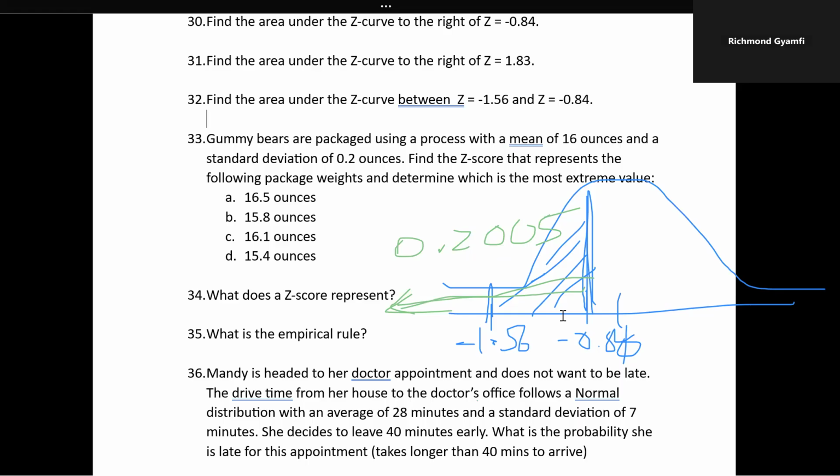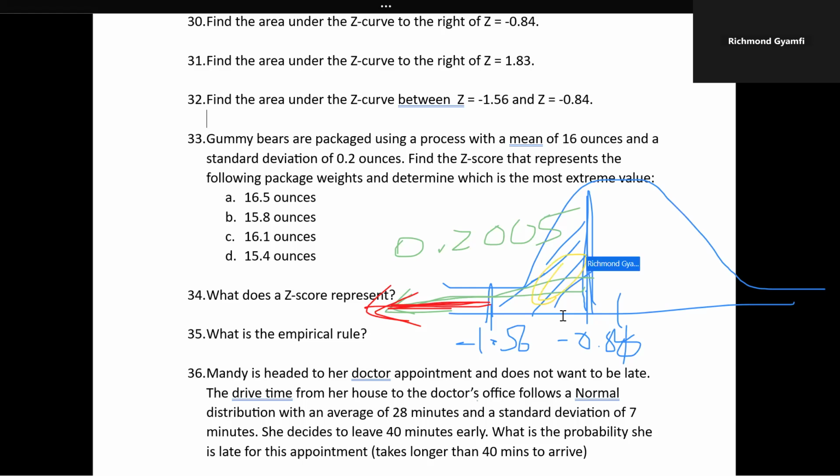And then I'm going to find the small area, and that is from negative 1.56, this area. Why do I have to find that? Because if I find that small portion, then I subtract it from the bigger area 0.2005 to get this middle part.